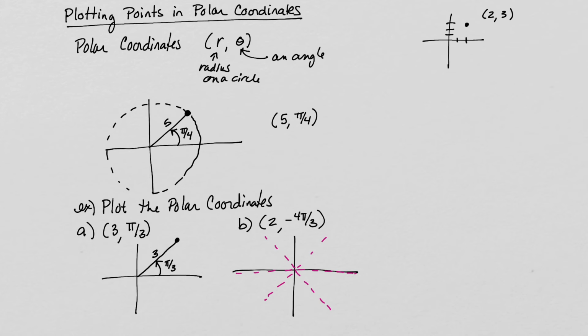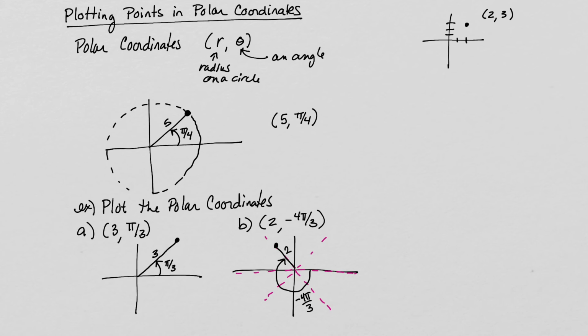So if we're going minus pi over 3, we count backwards: 1 pi over 3, 2 pi over 3, 3 pi over 3, 4 pi over 3. We're swinging that way, and we go out a distance of 2. So say this was my distance 2, and then I swung in this direction, minus 4 pi over 3.